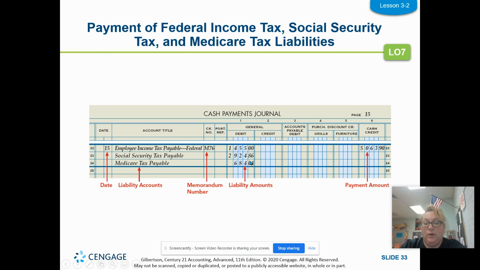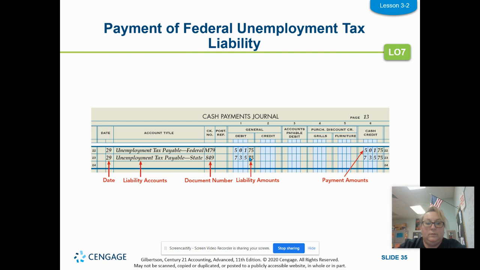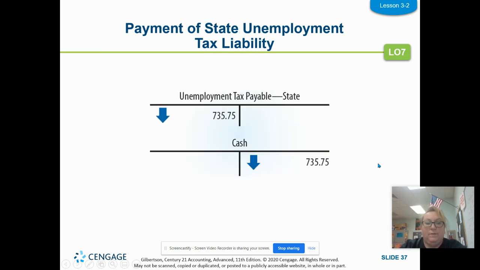Same thing here, employee and our portion. And then this is paying our federal and state unemployment taxes. Notice they're going to 2 different places, so they are 2 different transactions. Just be aware of that.